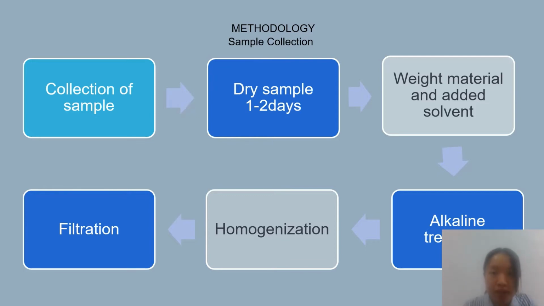The filtrate was placed in conical flasks. Bleaching was done by adding sodium hypochlorite to the sample at 70 degrees Celsius for 2 hours. The sample was washed with distilled water and oven dried overnight at 60 degrees Celsius to remove the remaining lignin in the sample.